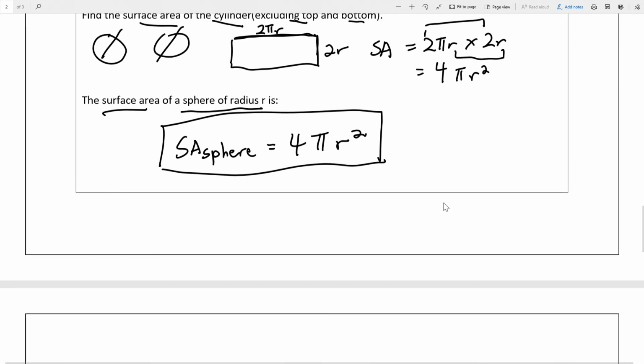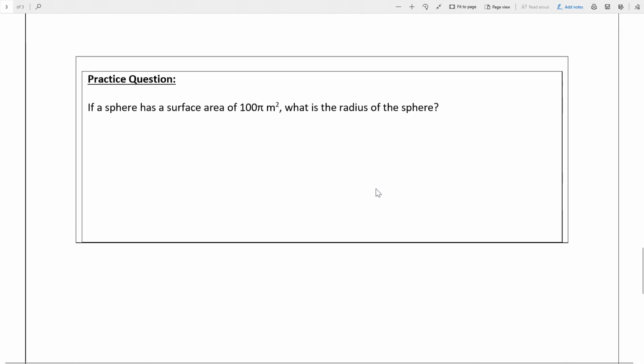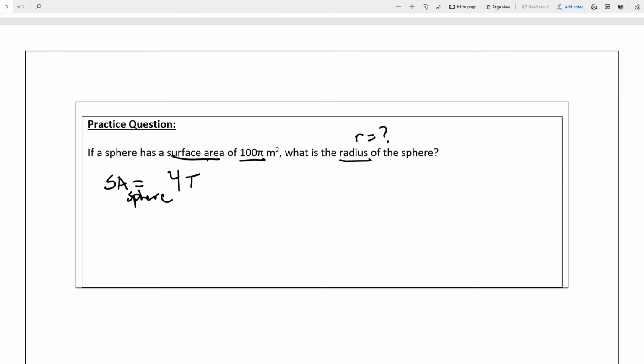Okay, so let's apply this formula with this practice question. If you have a sphere that has a surface area of 100 pi meters squared, what is the radius of the sphere? On the page before this, we've discovered that the surface area of a sphere is equal to 4 times pi times the radius squared.